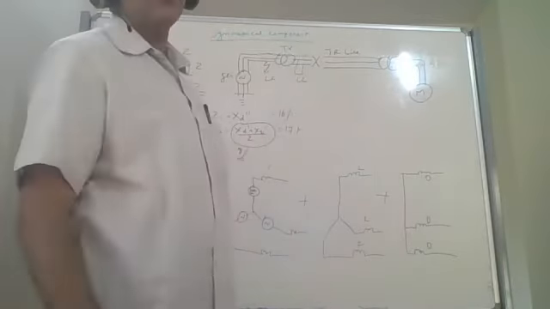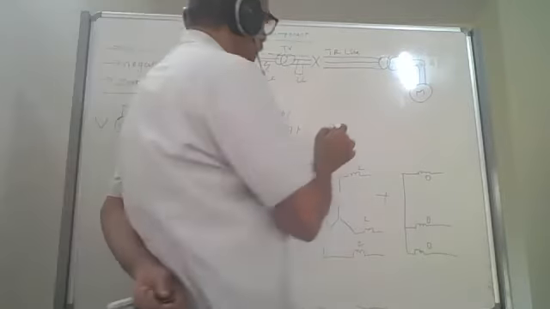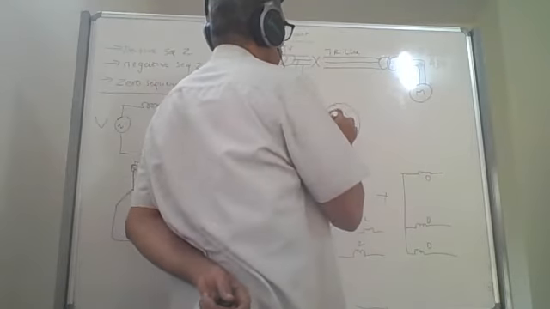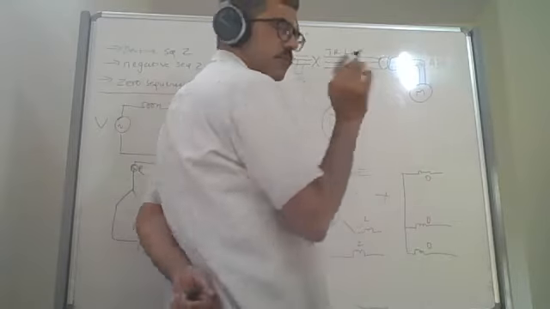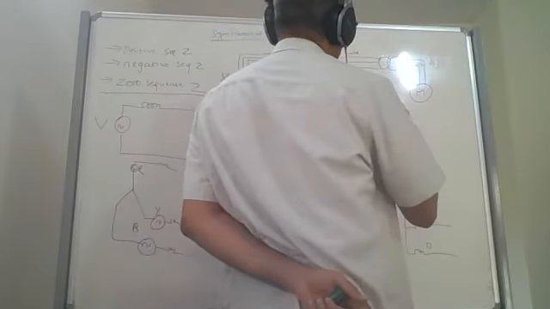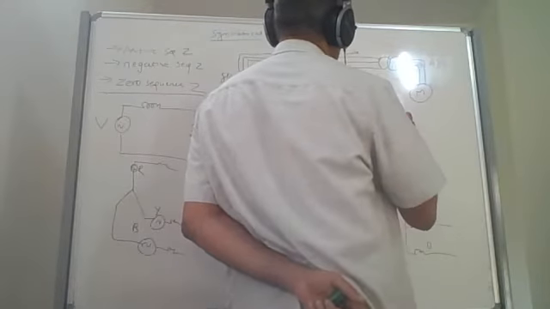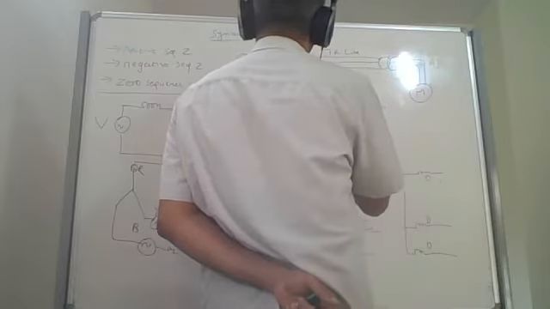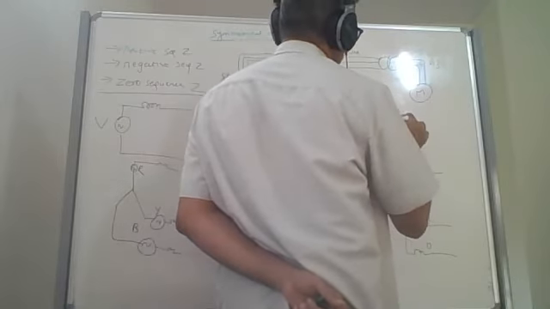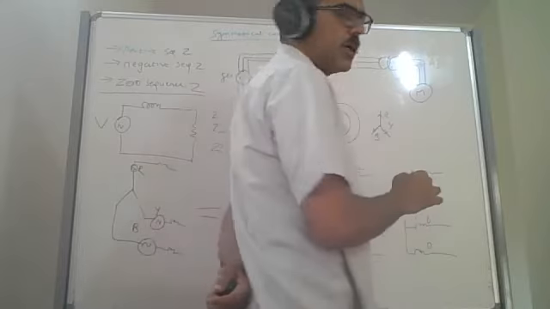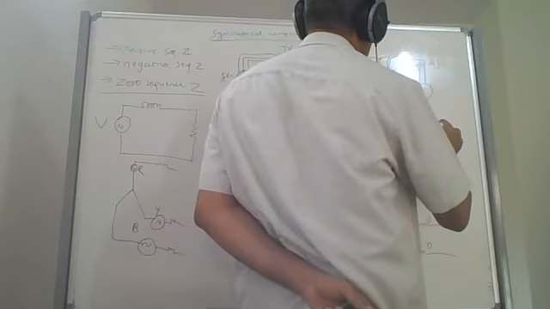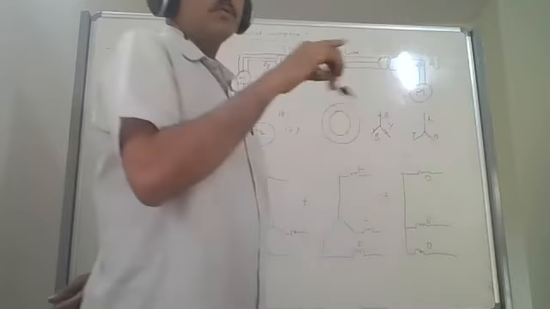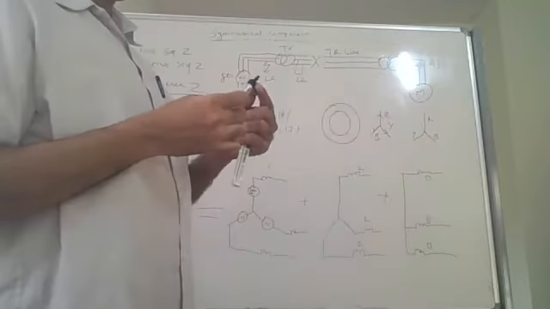Why is zero sequence impedance less? I will tell you. See, if you take a generator, I will tell you the difference between positive and negative sequence. Positive sequence current will flow, let's say, R, Y, B. Negative sequence current will flow like R, B, Y. In other words, negative sequence is anti-clockwise.